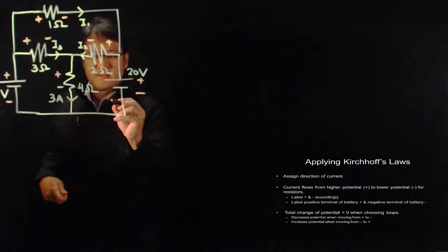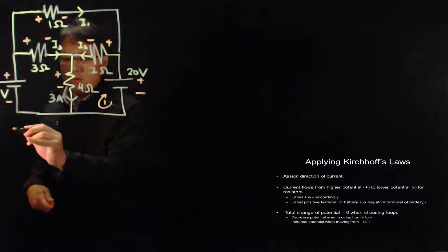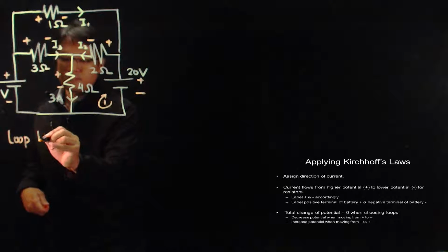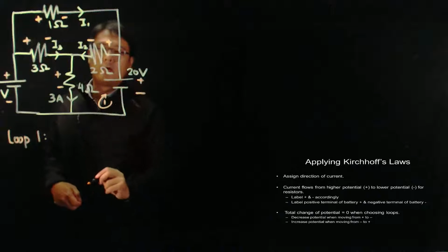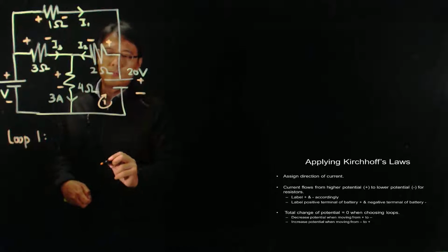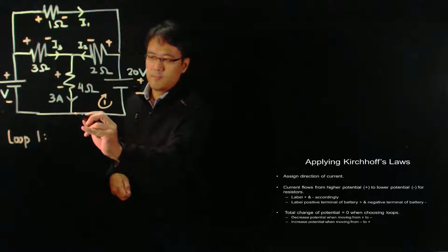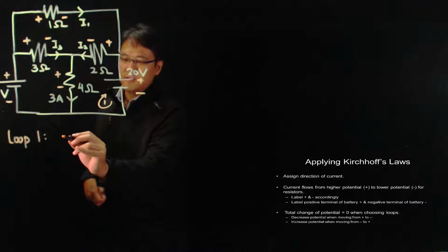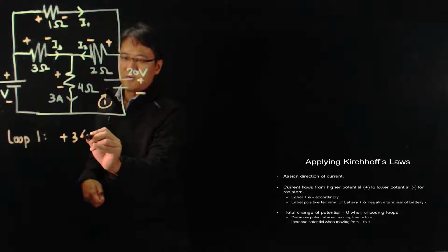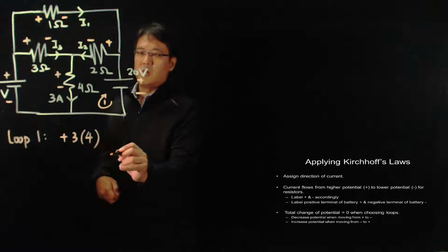So let's choose this as our first loop, loop 1. Recognize that the total change in potential as we go around the loop will be equal to 0. So we start from here. We're going from minus to plus. That's an increase, 3, 4.